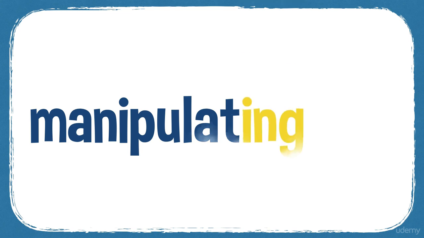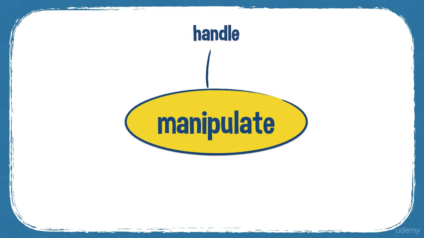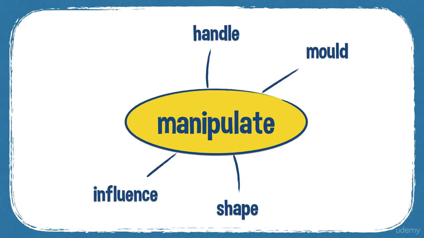Here are the different forms for the word manipulate. And for a noun, you can use manipulation. And here are some synonyms for manipulate: handle and shape, mould, influence, exploit, and control.